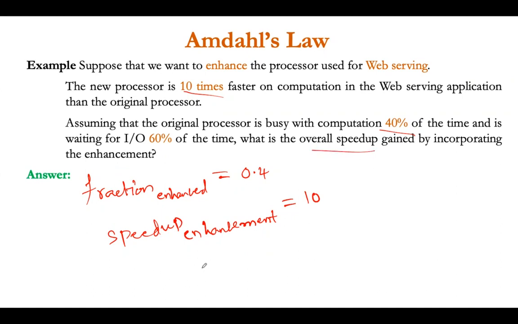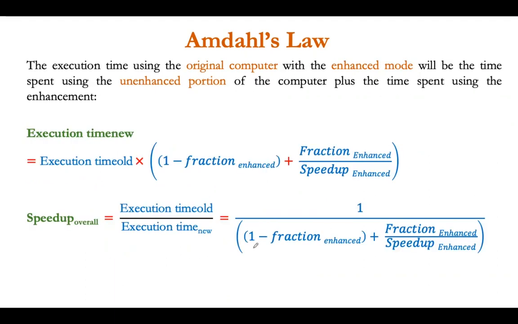The speedup of the overall will be calculated as given in this formula: the overall speedup is 1 divided by (1 minus fraction enhanced) plus fraction enhanced divided by speedup enhanced.